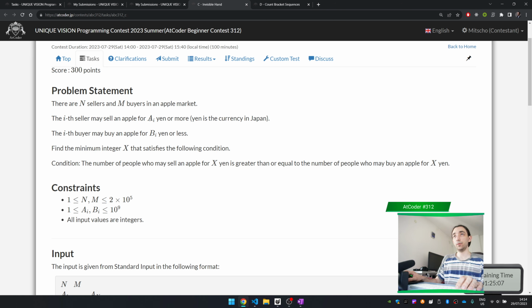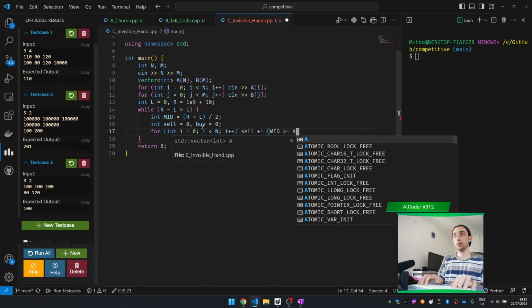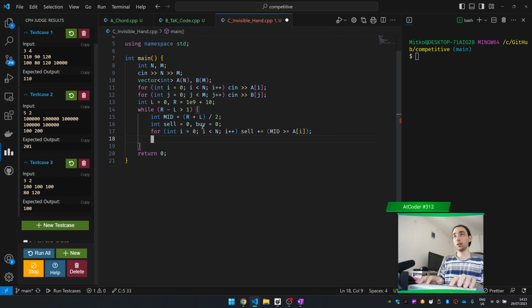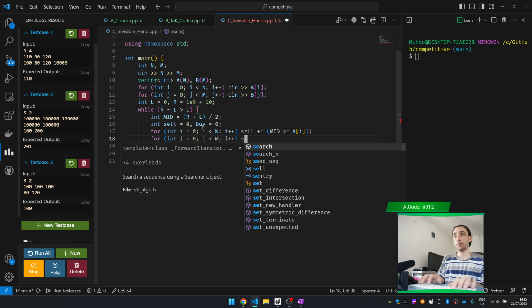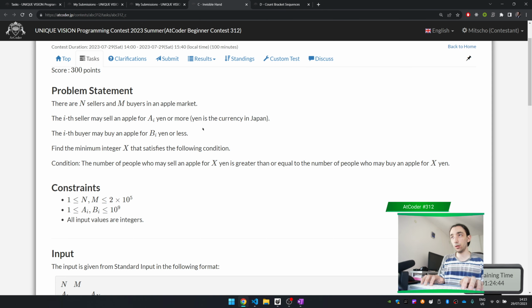Sell an apple for A_i yen or more. So sell would be plus equal if mid is bigger than A_i. Buy would be if mid is smaller.